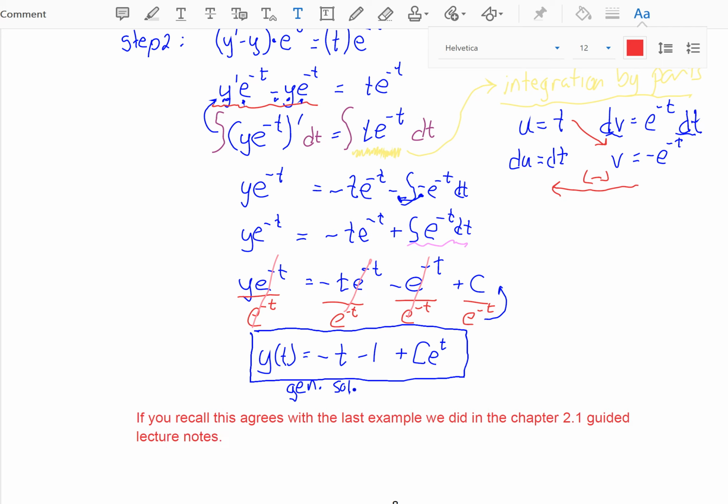This is the same solution that we found in our chapter 2.1 guided lecture notes. However, in chapter 2.1, we did it slightly differently.